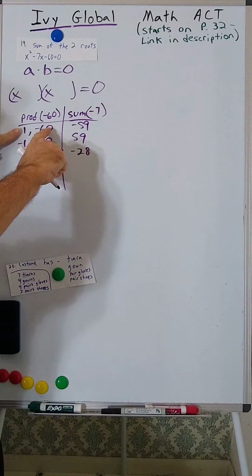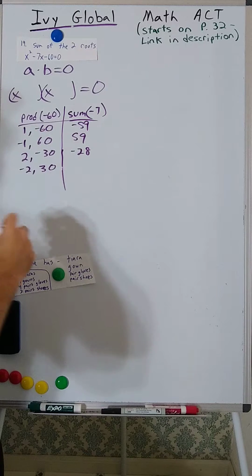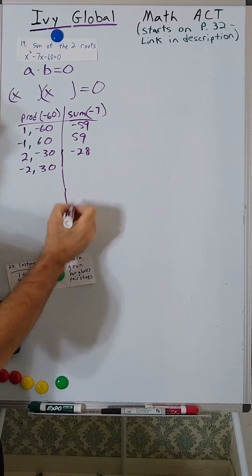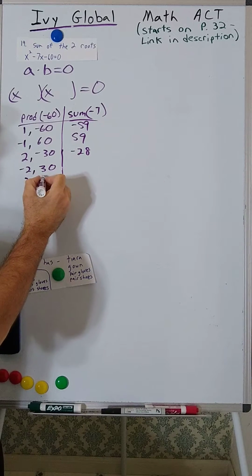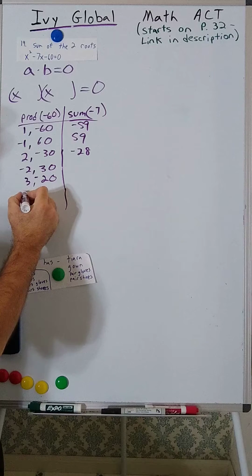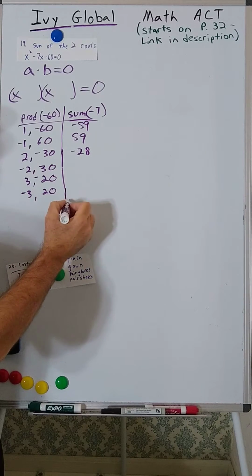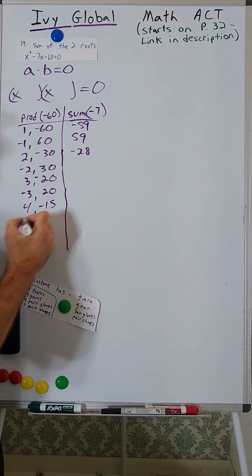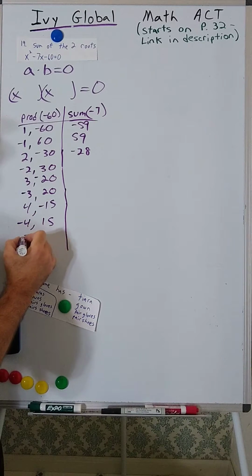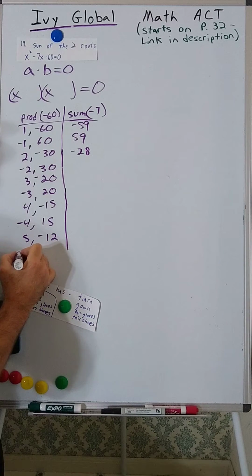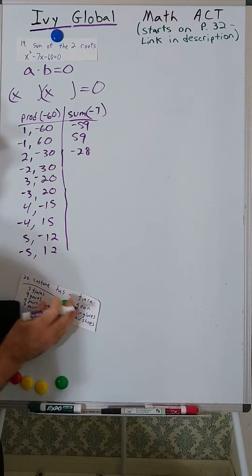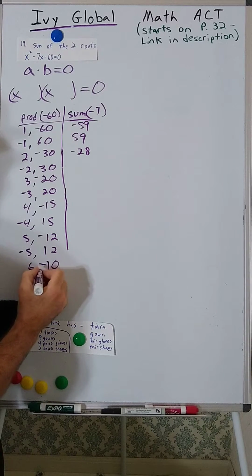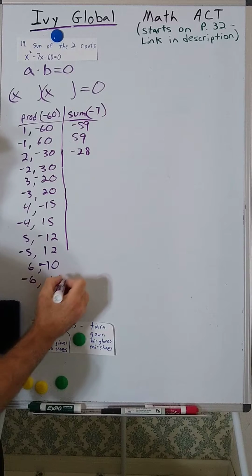And it looks like if I continue, 3 times negative 20, negative 3 times 20, and 4 times negative 15, negative 4 times 15, 5 times negative 12, negative 5 times 12, and 6 times negative 10, negative 6 times 10.